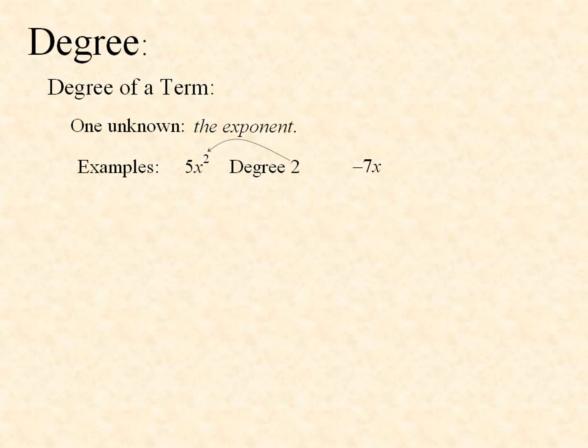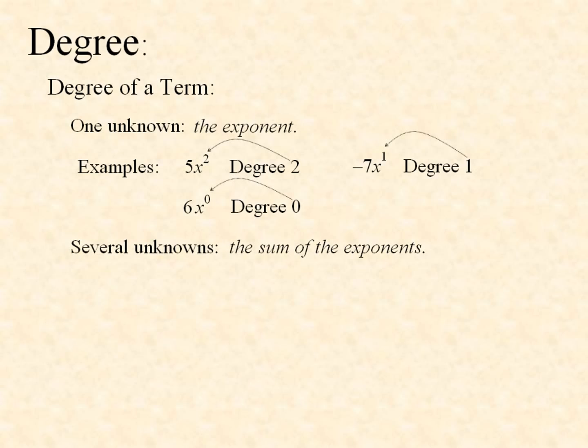The degree of negative 7x is 1 because we can put an exponent of 1 there. Remember, x to the 1 is x. The degree of a number, like 6, is 0 because it can be thought of as 6x to the 0. X to the 0, of course, is 1.